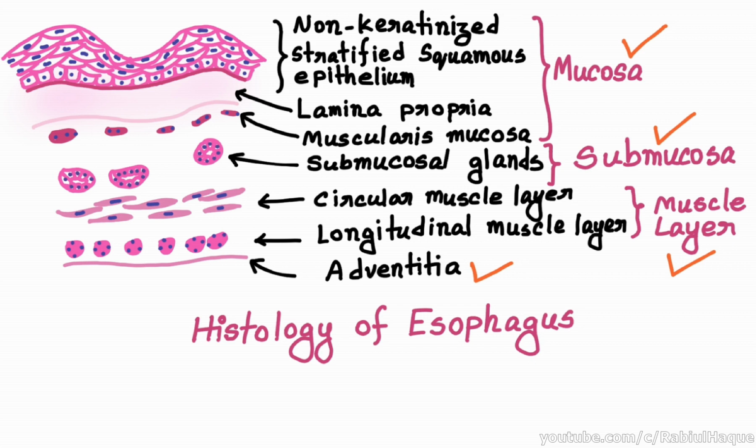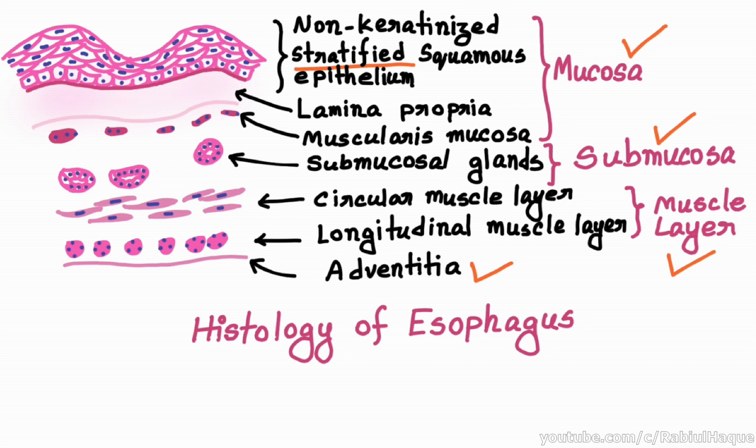So we can see that the lining epithelium of the esophagus is in fact squamous cell, right? And these cells are flattened and they are arranged in multiple layers, and that's why they are called stratified. Always remember, stratified means multiple layers. So we know that the lining epithelium covering the mucosa of the esophagus is stratified squamous epithelium.